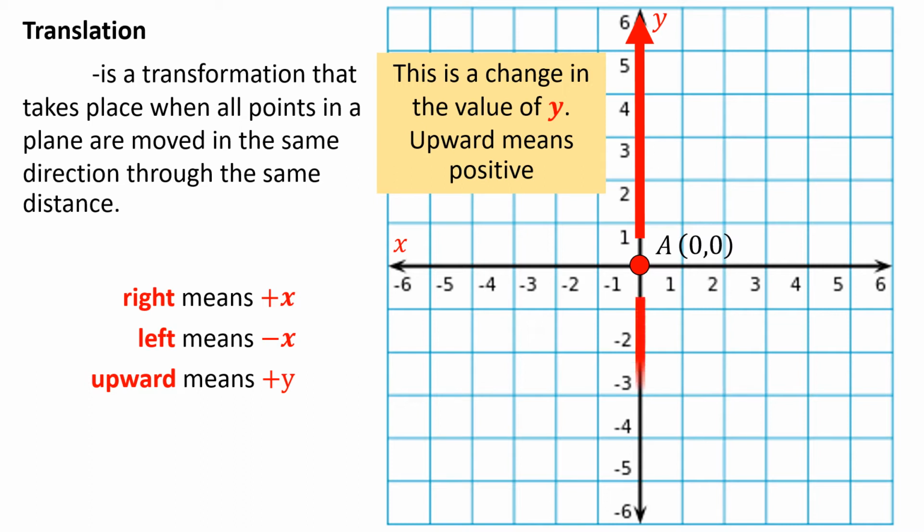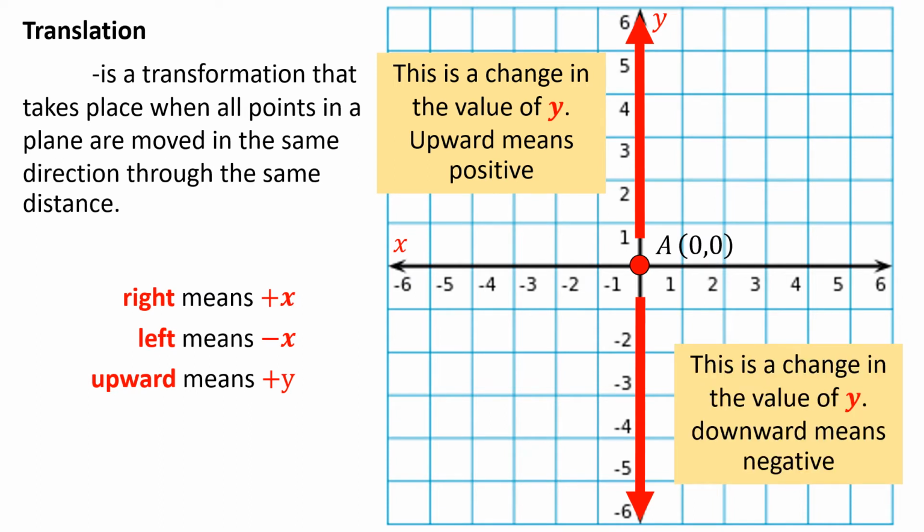And on the opposite way, if you go downwards, we are going to step on the negative values of the y-axis. And therefore, when you go downward, it means we have to subtract from the values of y.